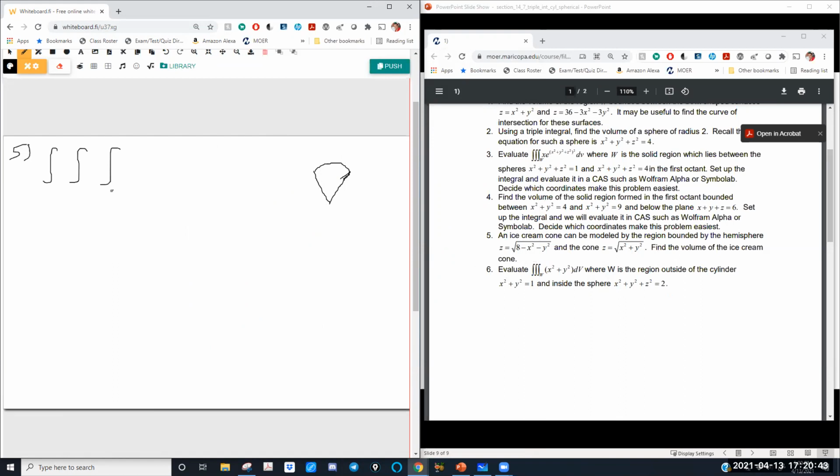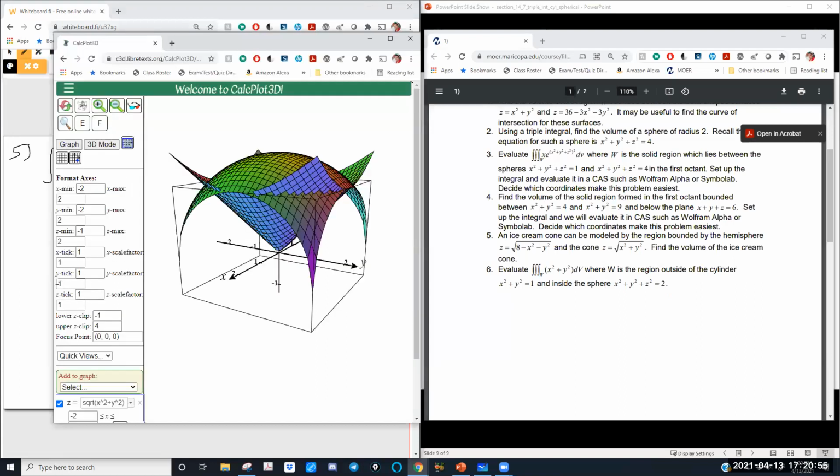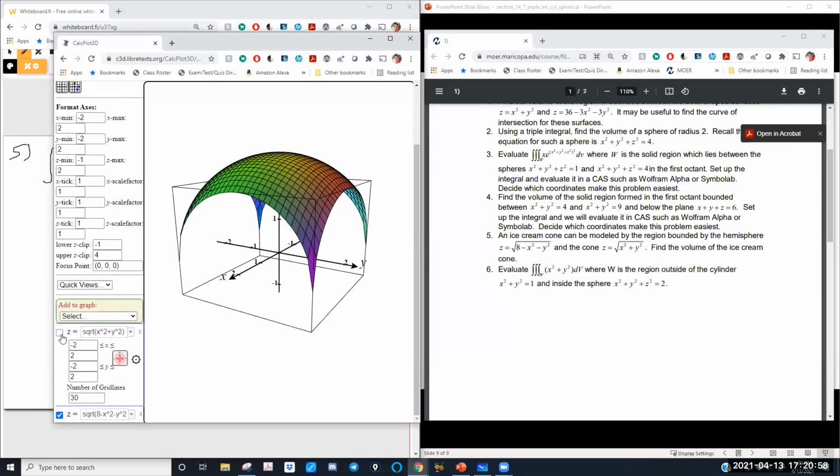So the lower bound is the cone. So that's coming from square root of x squared plus y squared. And remember, if you're not sure which surface is which in CalcPlot3D, you can always turn them on and off to say, okay, that one's making the cone.